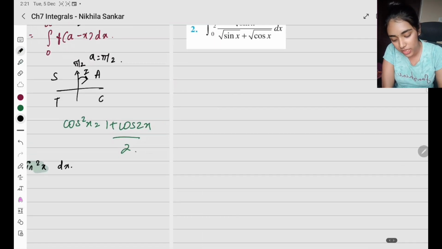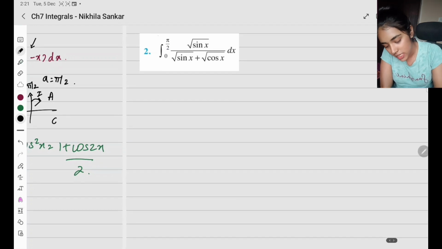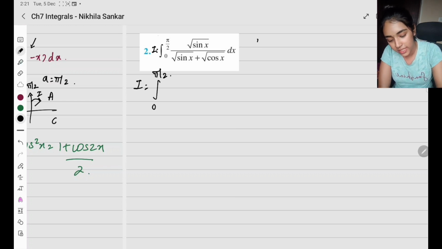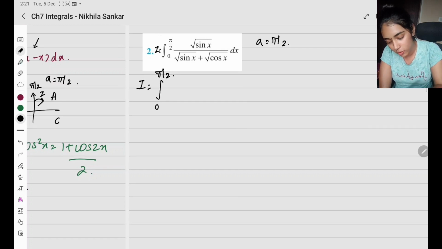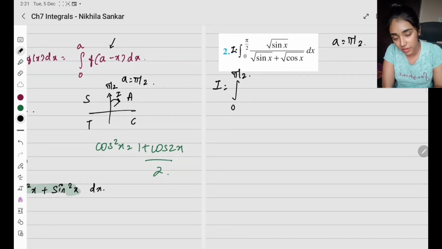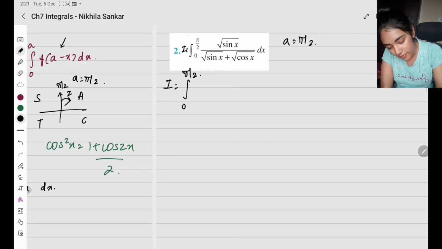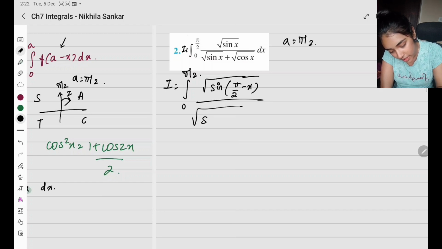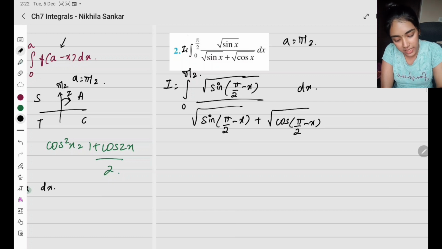Now you will see the second question. See, the integral I is going to be I equals the integral from 0 to pi by 2 of, where a is again going to be pi divided by 2. So, using the same property, integral of f of a minus x. So, I'm going to have square root of sine of pi by 2 minus x divided by square root of sine of pi by 2 minus x plus square root of cos of pi by 2 minus x times dx.